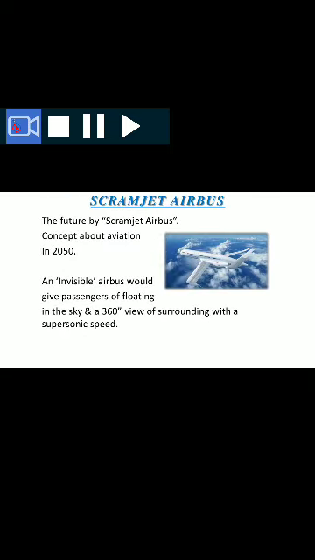This is a scramjet Airbus, the future scramjet Airbus concept for aviation in 2050. An invisible Airbus would give passengers the feeling of floating in the sky with a 360-degree view of the surroundings at supersonic speed.